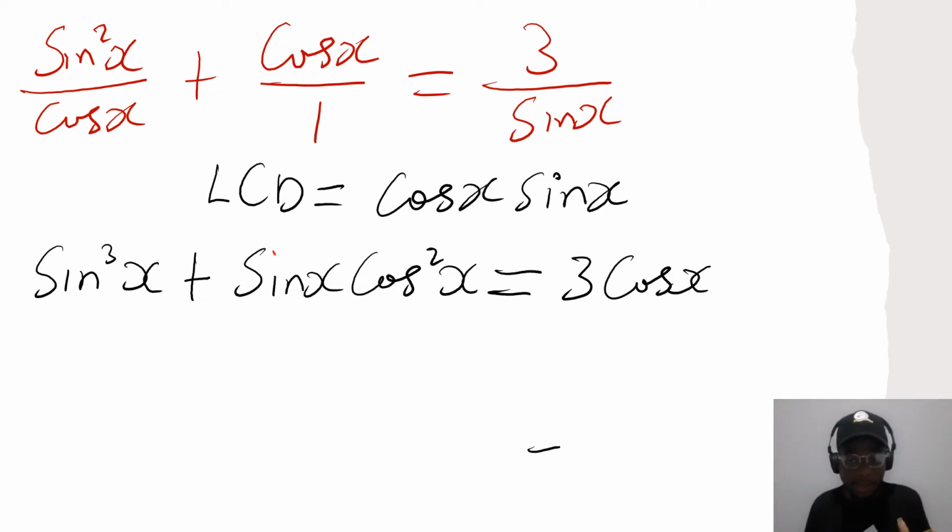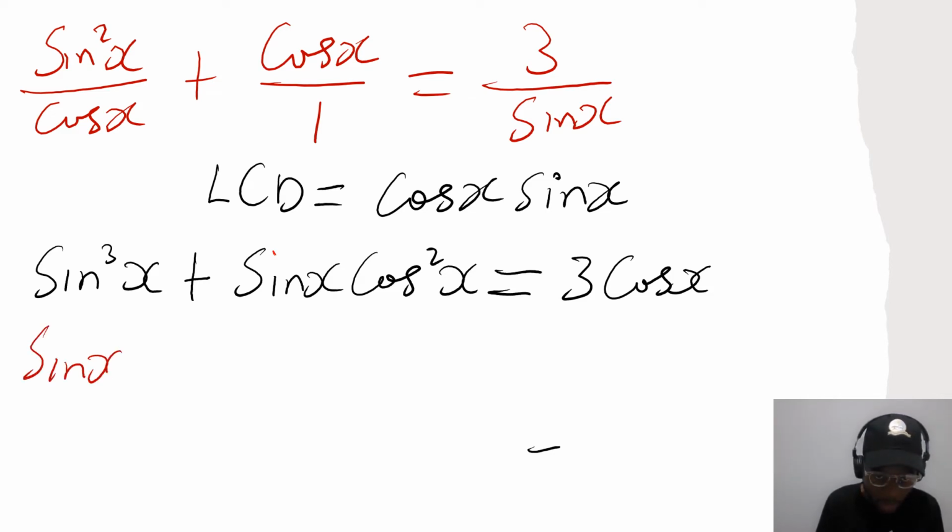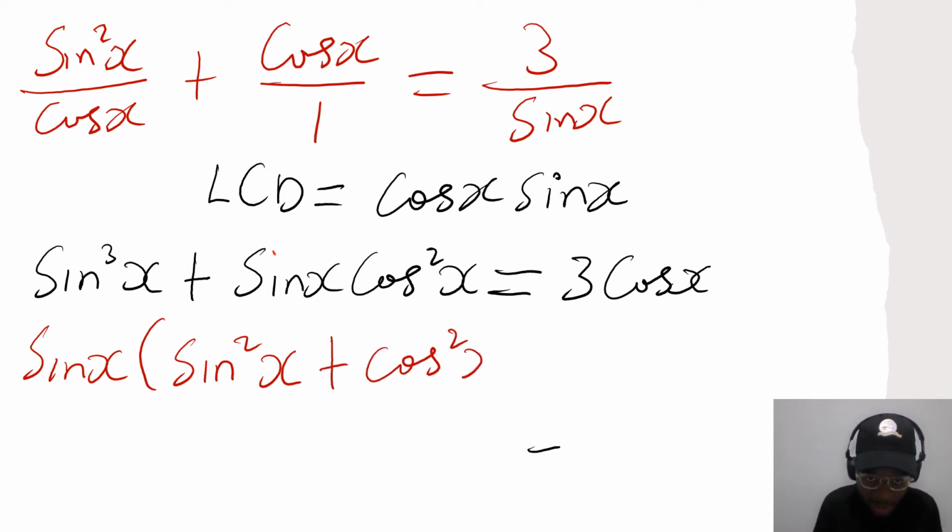In this step, you have to factorize, because you see on the left hand side we have a common factor, which is sine x. So we have to take out our common factor, sine x, and then we'll be left with sine squared x plus cos squared x equal to 3 cos x.